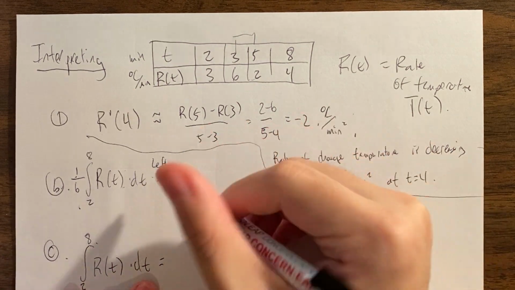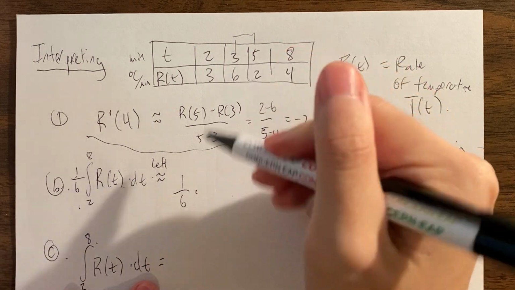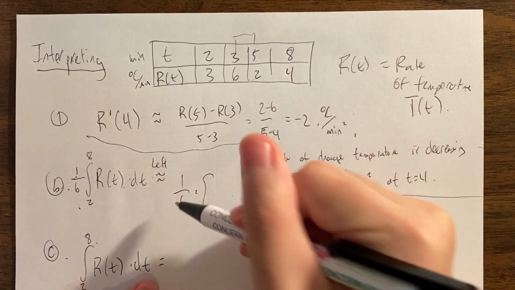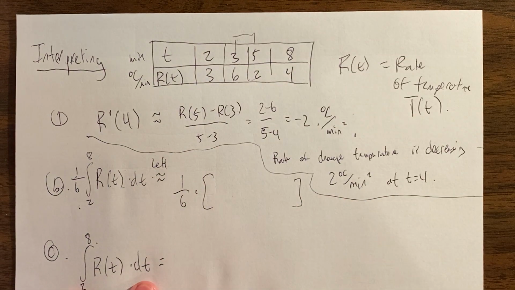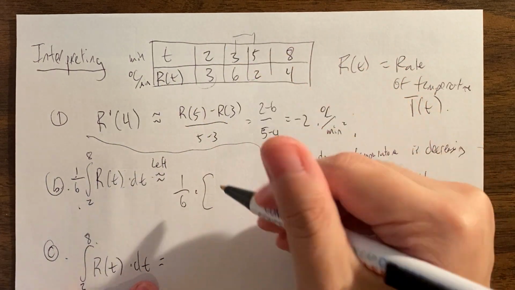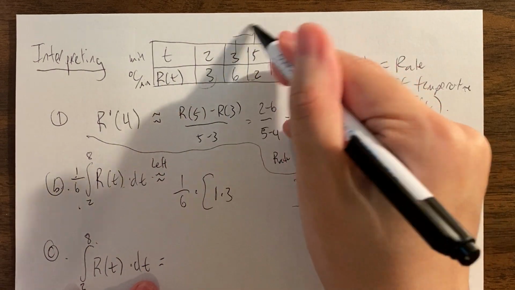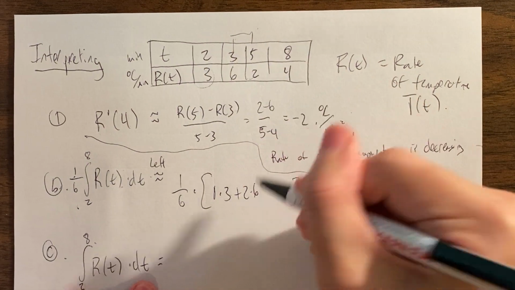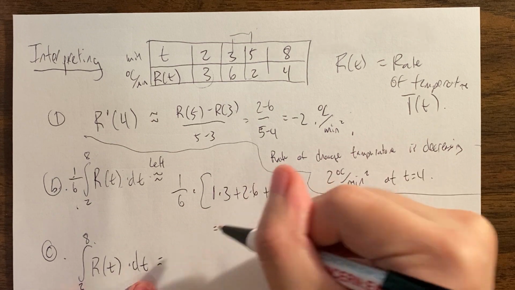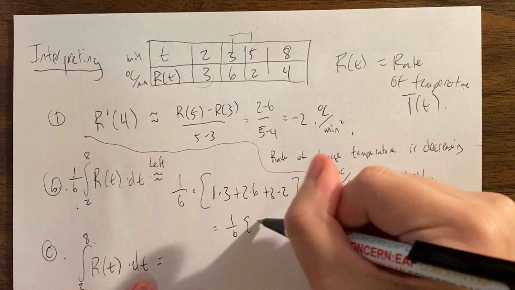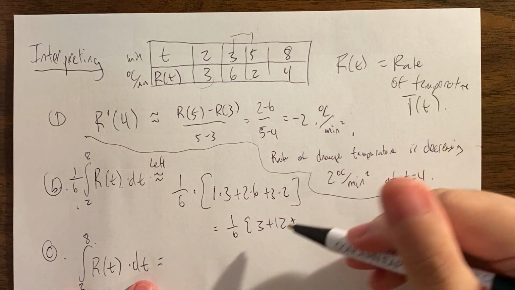So let's practice another left sum one more time. So remember that again, we need to multiply by this 1/6 at the end. It's going to be 3 minus 2, because it's always the difference in the t's. 1 times the left value, 1 times 3, 2 times 6, 3 times 2. We're going to get 1/6 times 3 plus 12 plus 6.